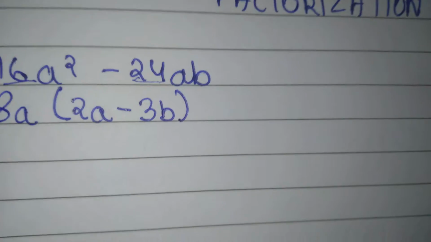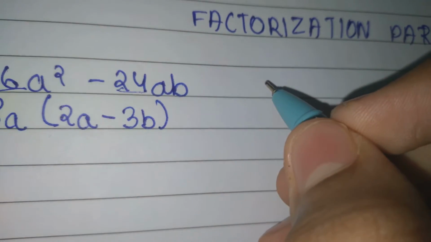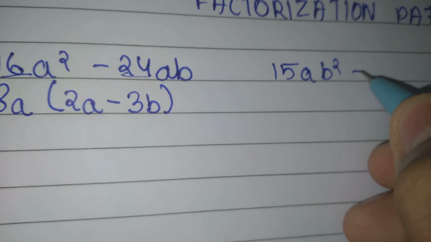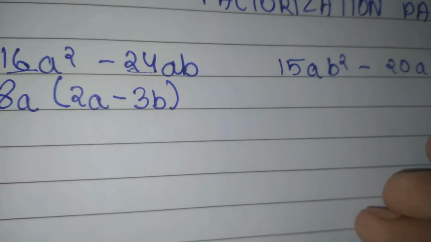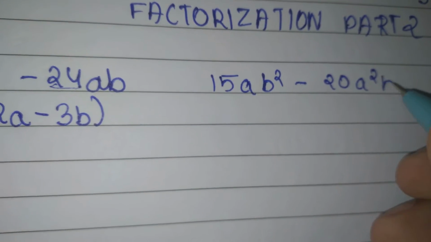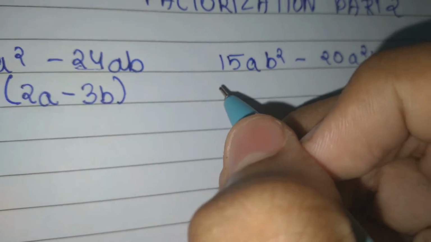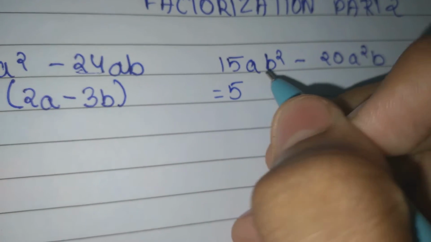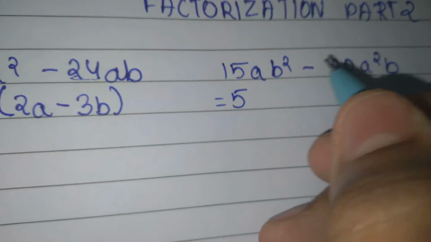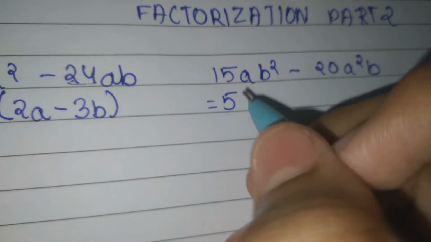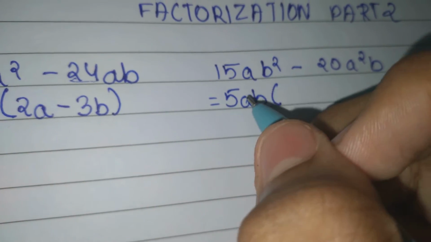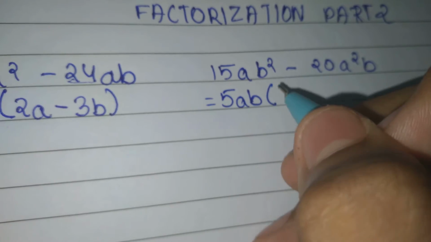Let's go to the next question. Our next question is 15ab squared minus 20a squared b. Now how to solve this? First we will take the HCF. We can clearly view it as 5. Then a squared and b squared are there, so the least power is ab, we will take that.